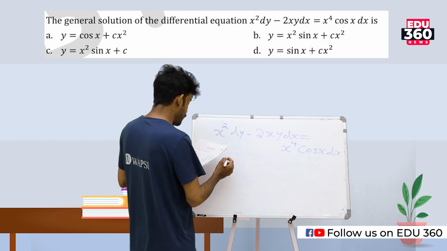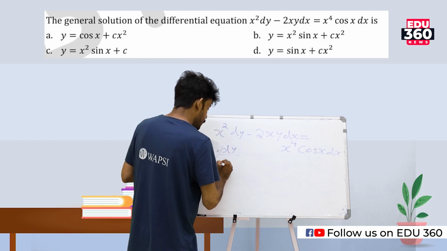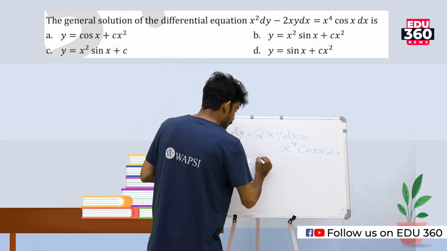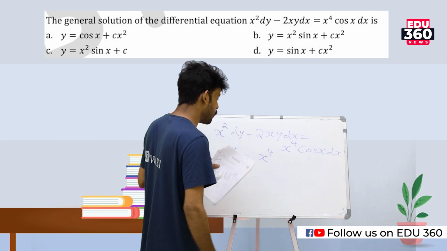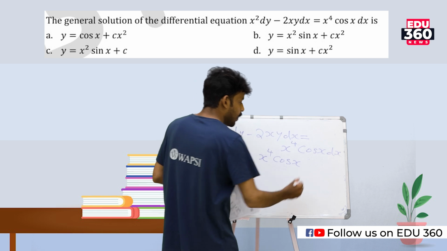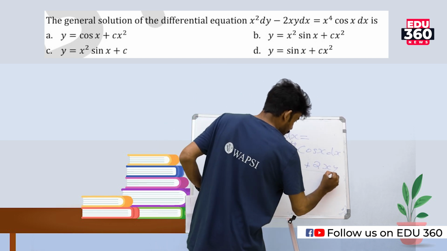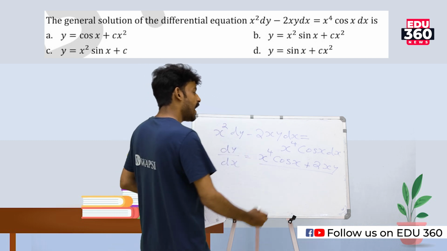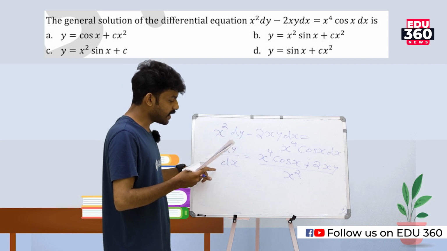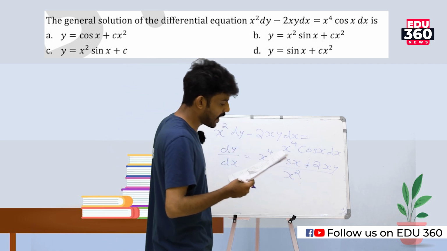So hereafter, on rearranging, we can write dy by dx is equal to (x raised to 4 cos x plus 2xy) divided by x square.